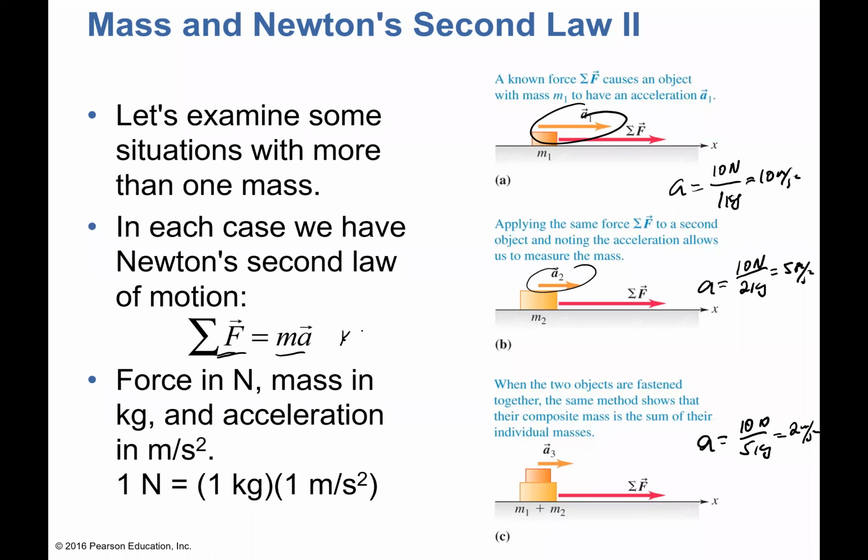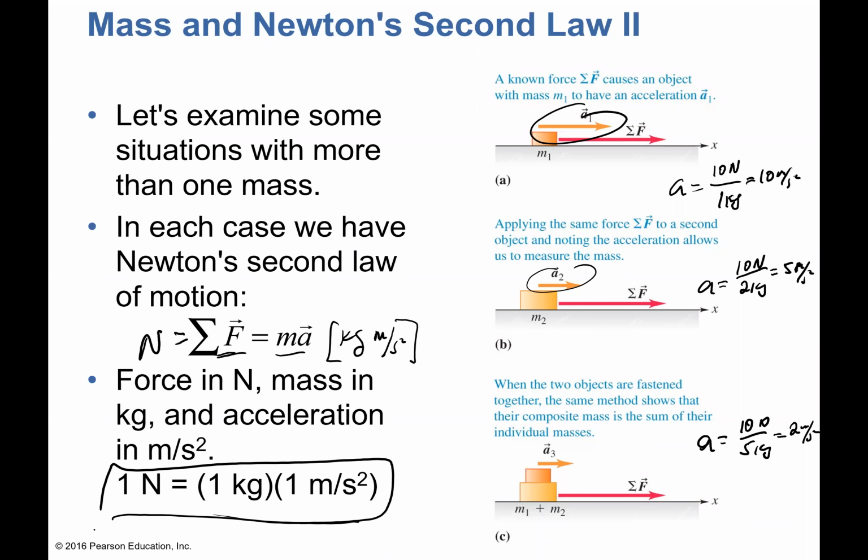Mass has to be in kilograms, acceleration in meters per second squared, and when the right side of the equation is kilograms times meters per second squared, then we can say that the left side, the newtons, which is for the force, is equivalent to kilograms times meters per second squared. So you can say 1 Newton is equivalent to pushing a 1 kilogram object and giving it an acceleration of 1 meter per second squared.